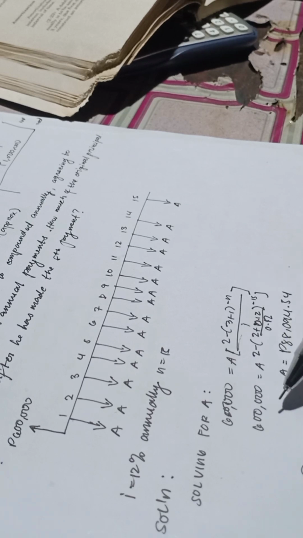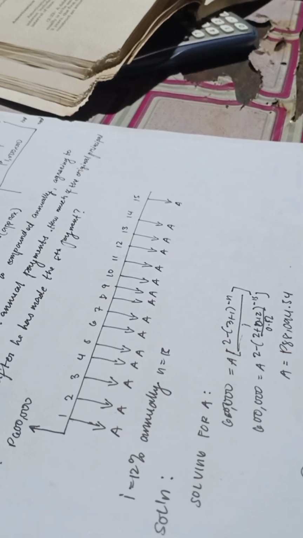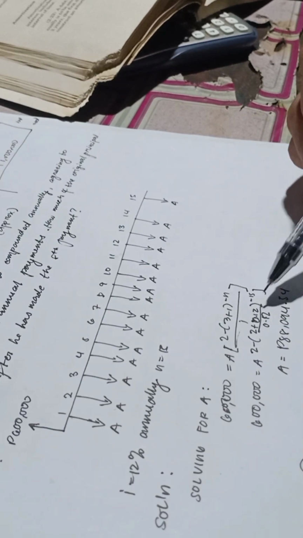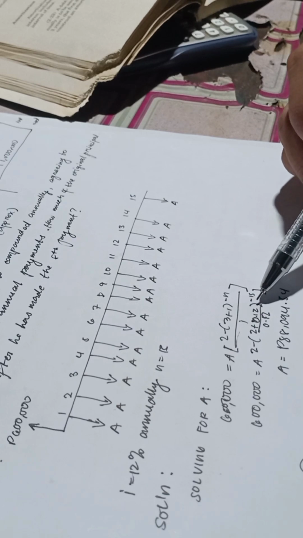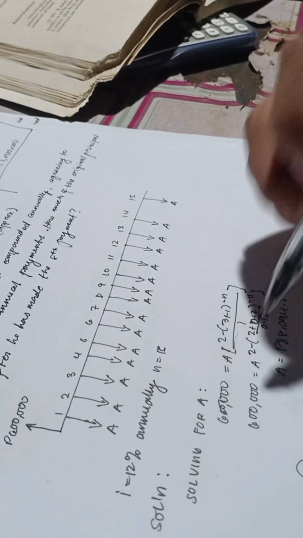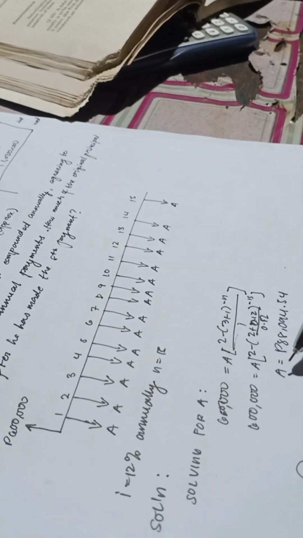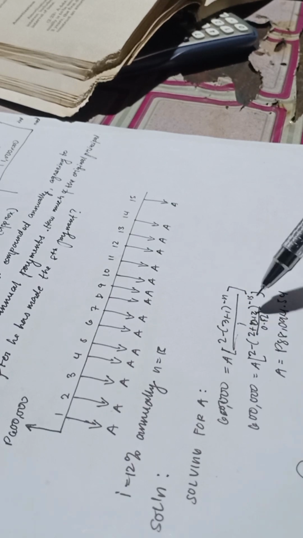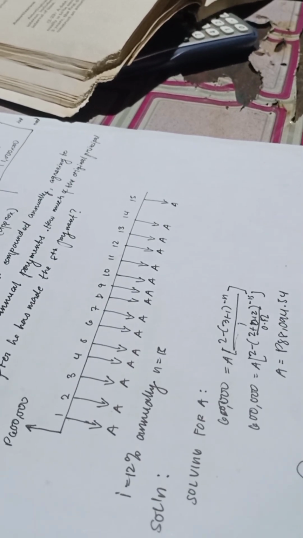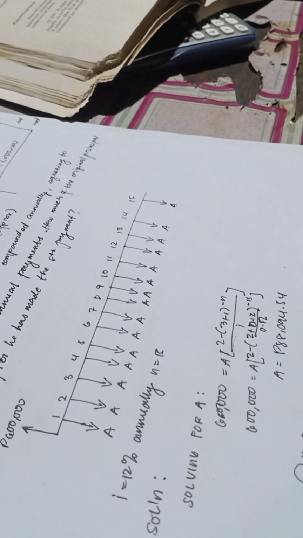Then here 600,000 is equal to A times 1 minus quantity of 1 plus 0.12, raised to negative 15, over 0.12. So calculate this using this equation. A is equal to 88,094.54 pesos.